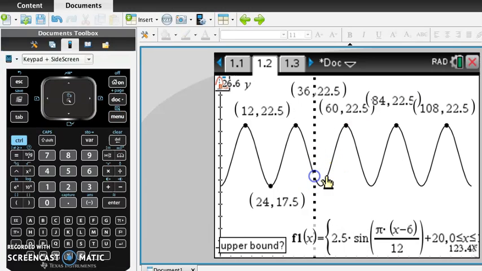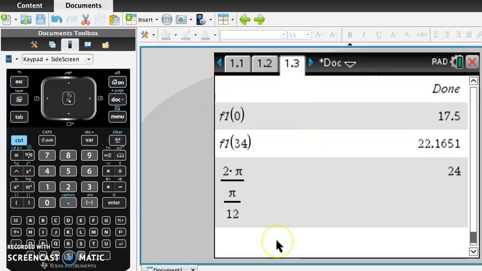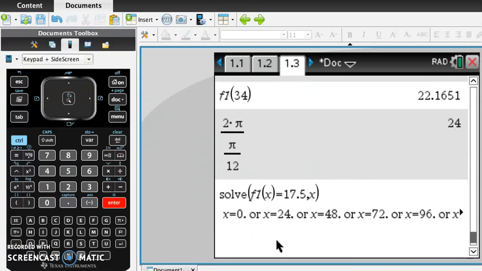If it was 24.1367 or something, I'd have to solve. Okay, I might go back in here and solve f1 of x equal to 17.5 for x. Okay, and we get our answers.